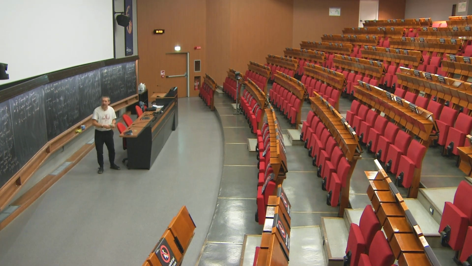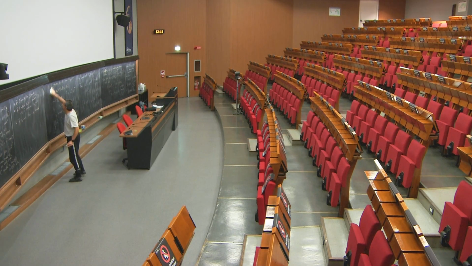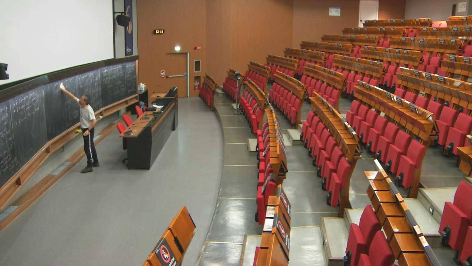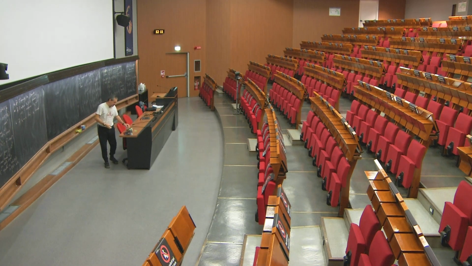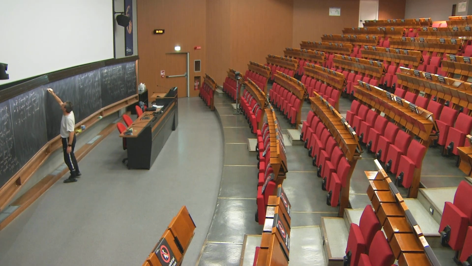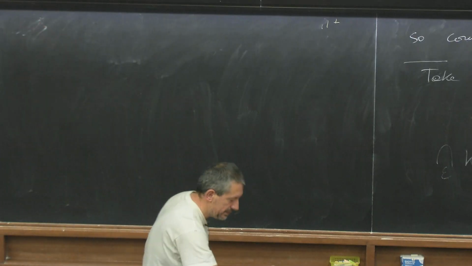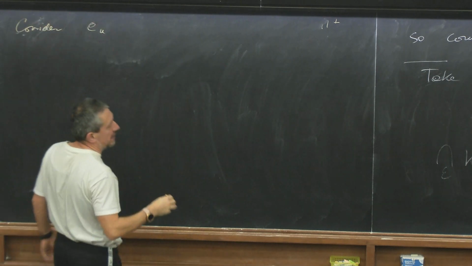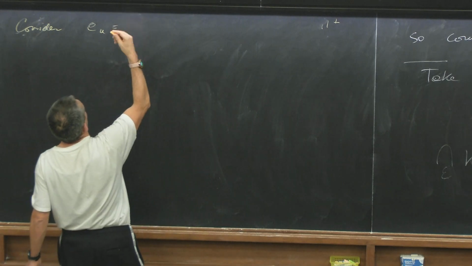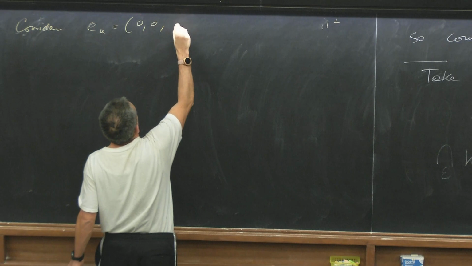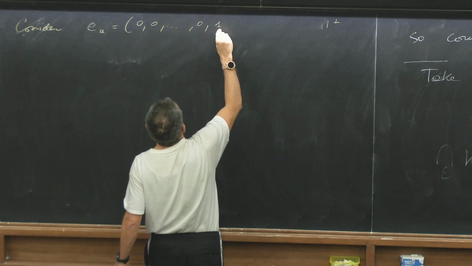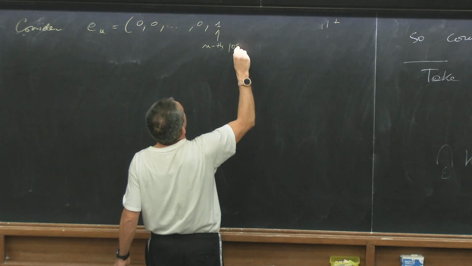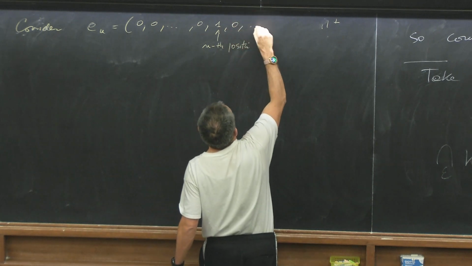So let's have some fun in this other exercise. Consider what is called the Schauder basis for L^p: e_n is 1 in the n-th position, 0 otherwise.